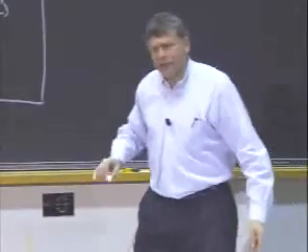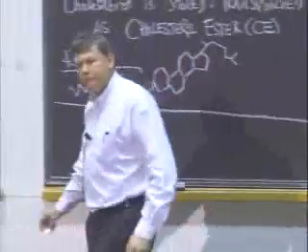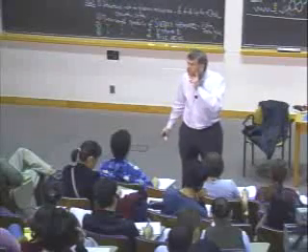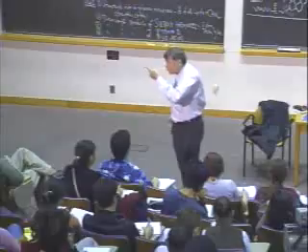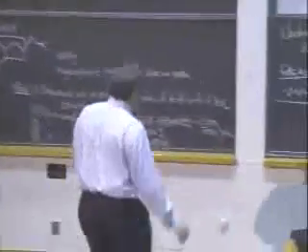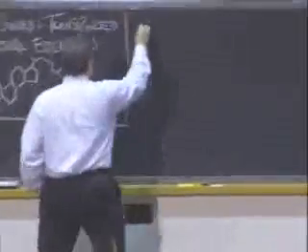Where do you get your cholesterol from? Diet. Do we eat cholesterol? Butter. Butter's got a lot of cholesterol. What else has cholesterol? Eggs, a lot of cholesterol. So we eat cholesterol. So let's get our sources of cholesterol.